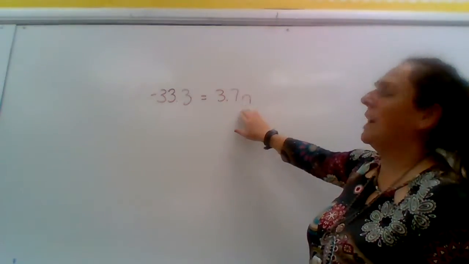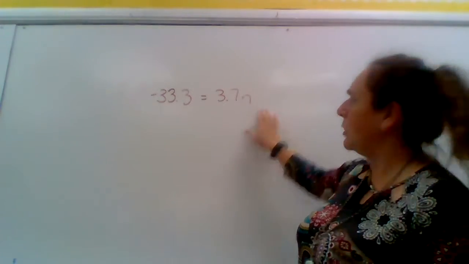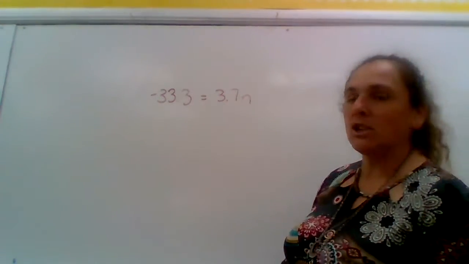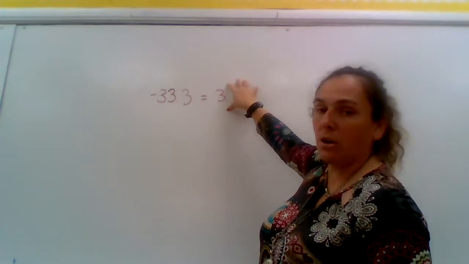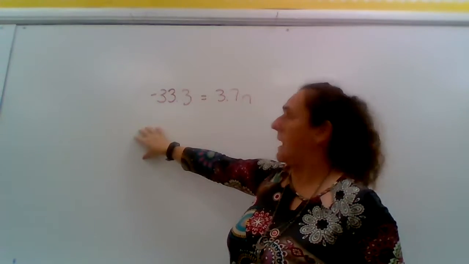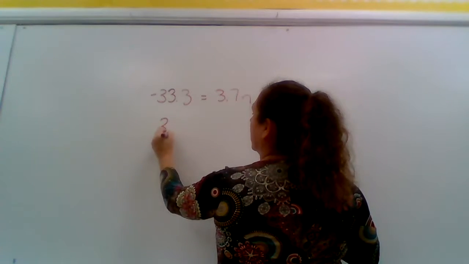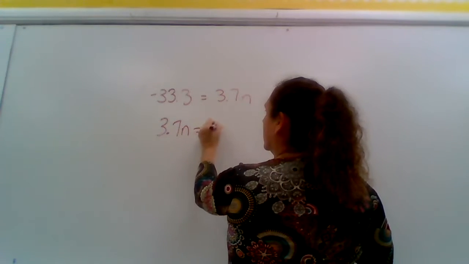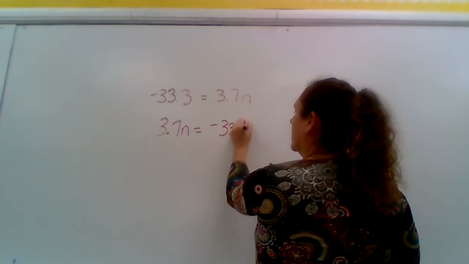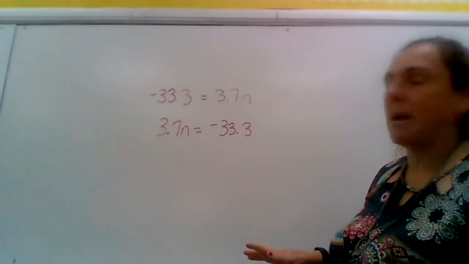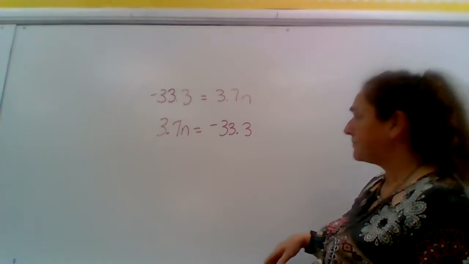Math teachers really don't like this variable over on the right, so we want to move it to the left. Now, I can do that by moving everything here from the right to the left side, and then everything from the left side to the right side. So I'm going to rewrite it from the beginning. So I haven't changed anything mathematically. I just made it look different.